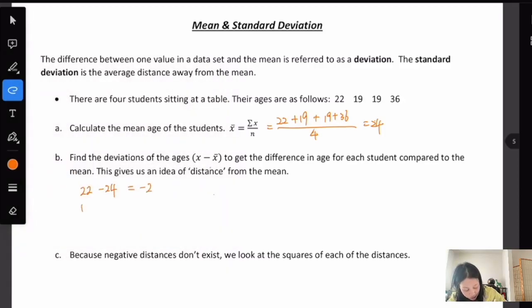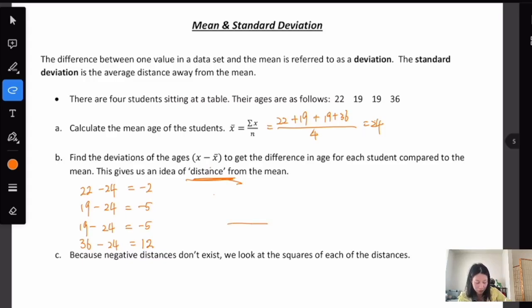Then the second student, 19 minus 24, is -5. 19 minus 24 is -5. And then 36 minus 24 is 12. So here we get the idea of the distance from the mean.